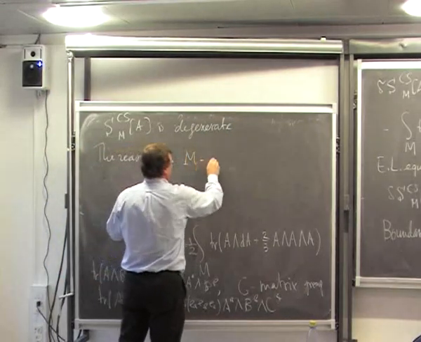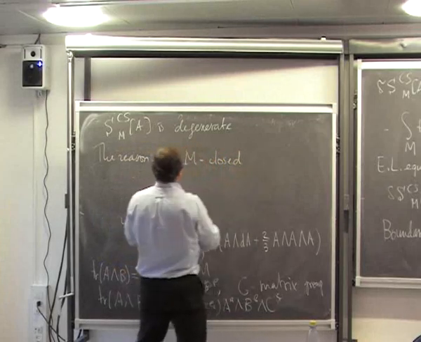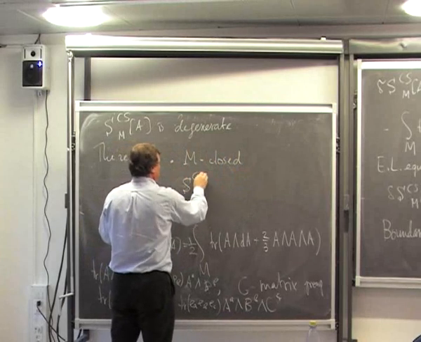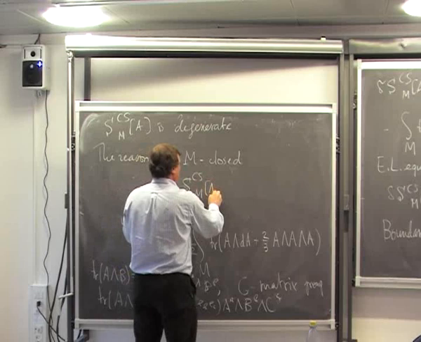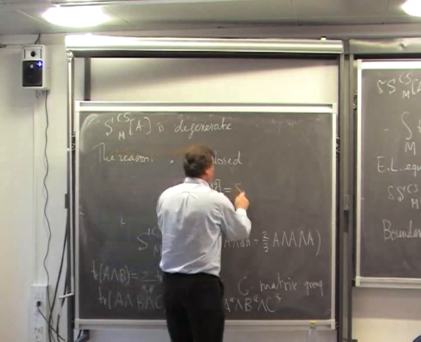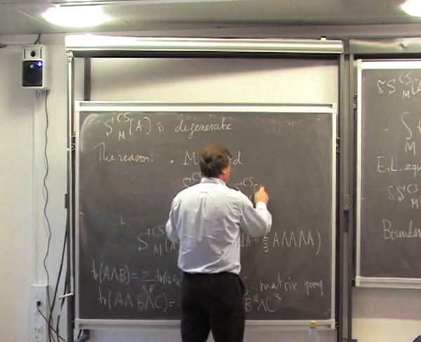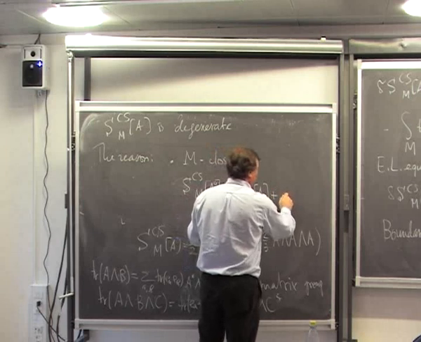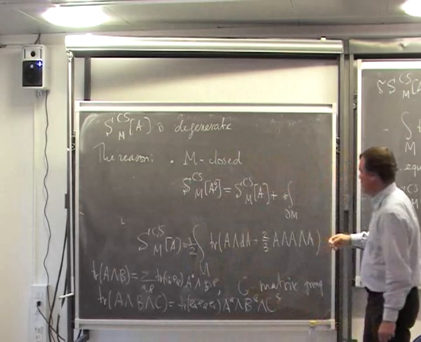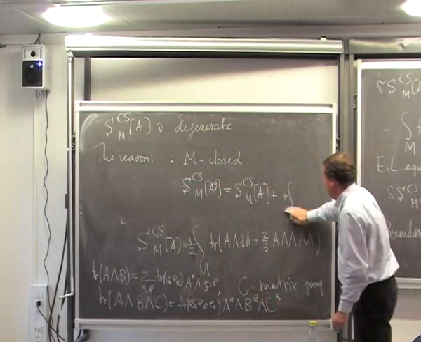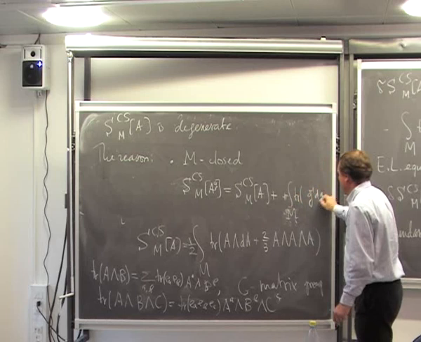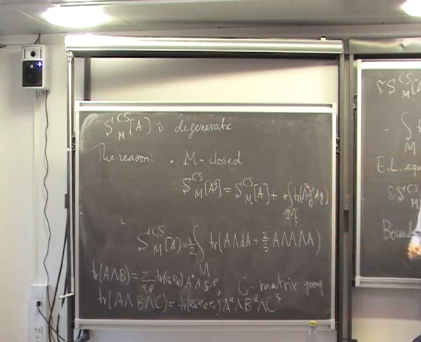It means the following: if M is closed, then if we do a gauge transform on A, we will get the Chern-Simons action plus, with the appropriate coefficient, the integral over M of trace of g inverse dg to the third power.